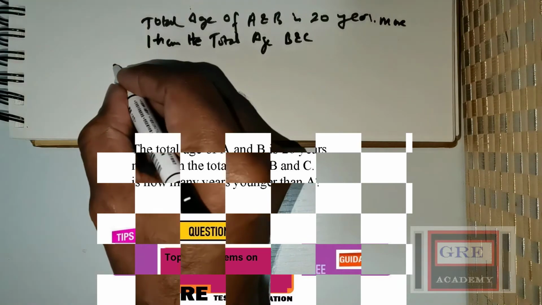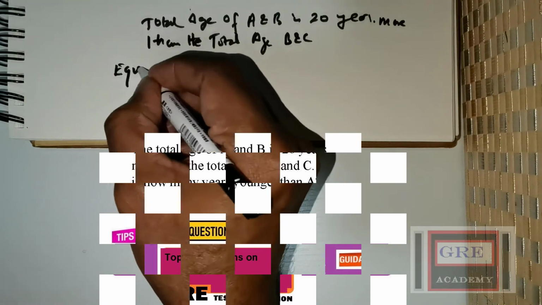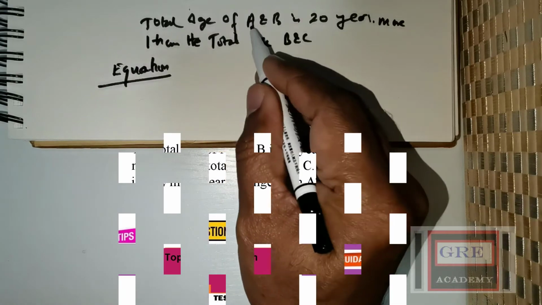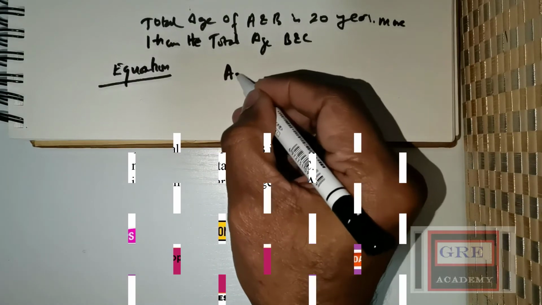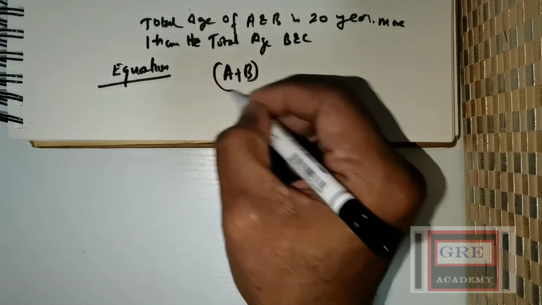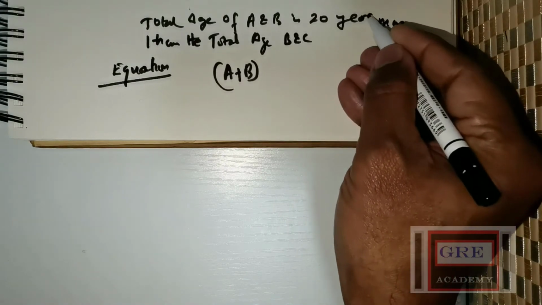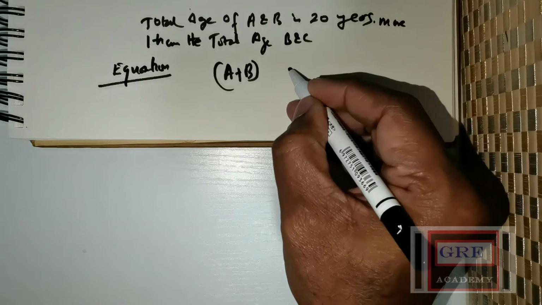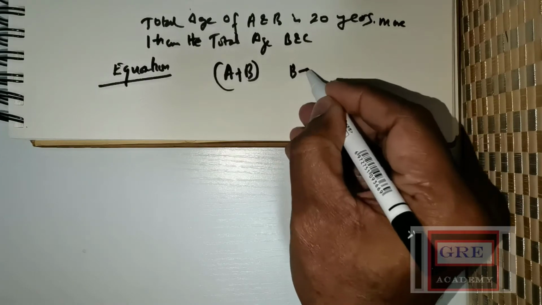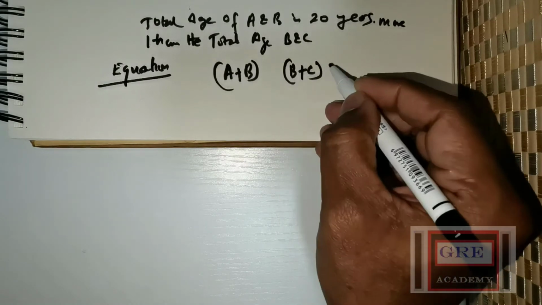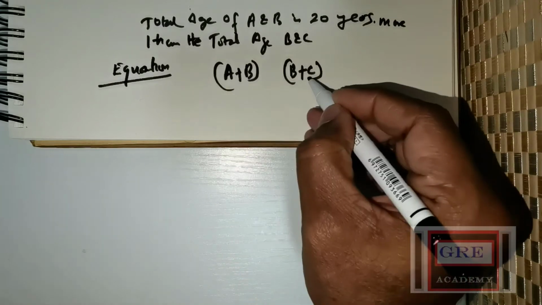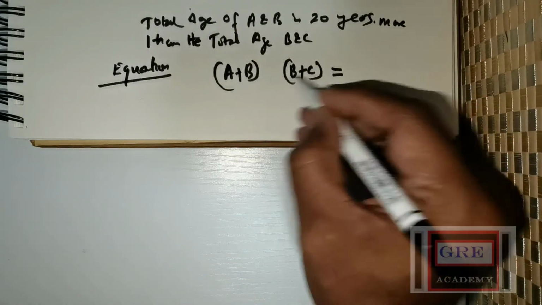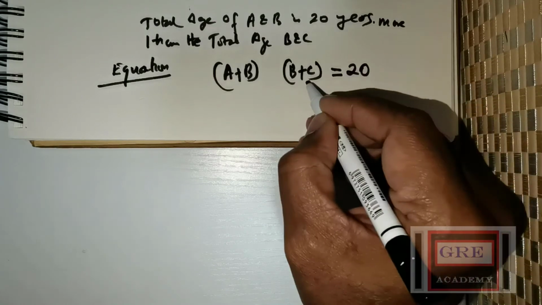So the required equation that we would need to solve this question would be A and B's total age is 20 years more than the total age of B plus C. That means if I were to take away from A plus B the total age of B plus C, then that should give me 20.